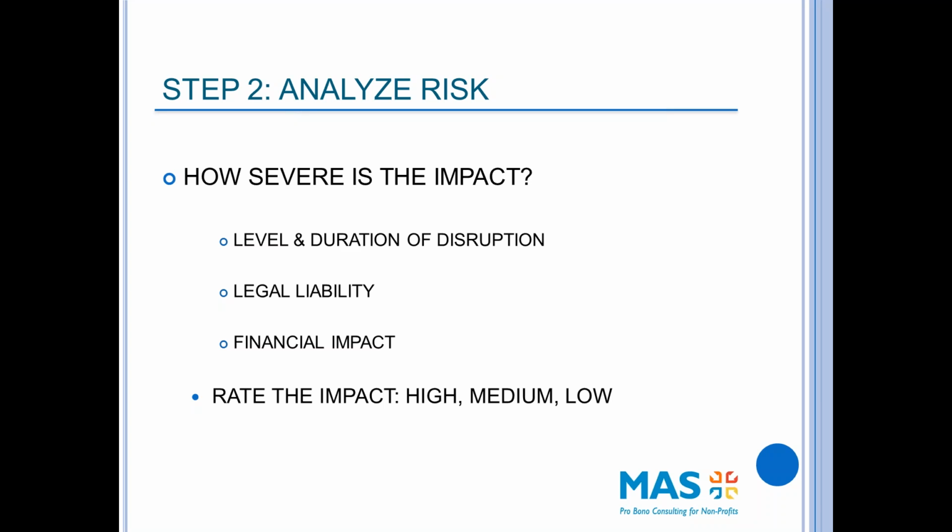There are things that could happen that would have a very severe impact. So a part of what we do when we analyze risk is to say, here's the risk, here's the likelihood that it's going to happen, and here's the impact it would have on the organization, because that helps me move into the next step, which is making decisions about that risk.